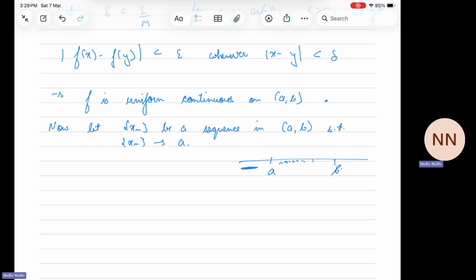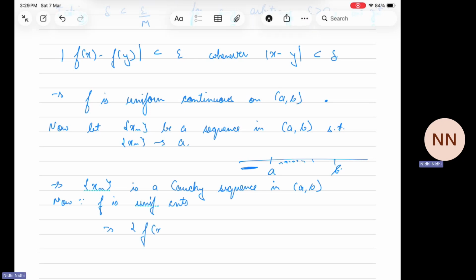Now, since x_n is converging to a, that means the sequence x_n is Cauchy. This implies x_n is a Cauchy sequence in the open interval (a,b), and we know that every uniformly continuous function maps a Cauchy sequence to a Cauchy sequence. Now, since f is uniformly continuous, this implies the sequence f(x_n) is Cauchy as well.